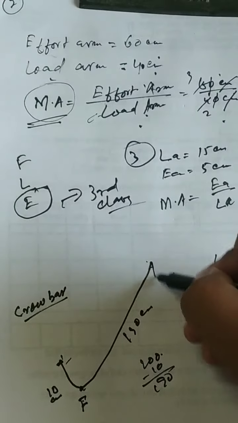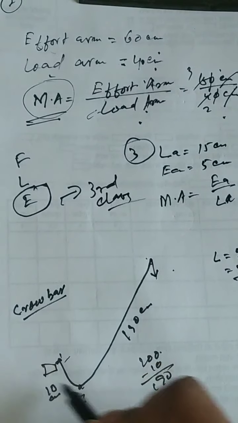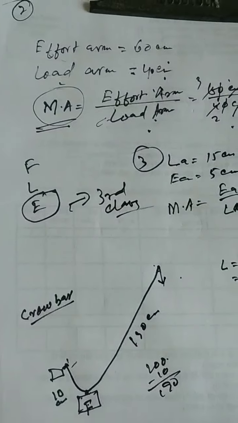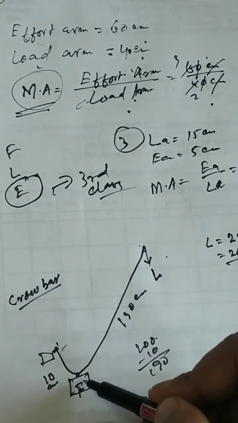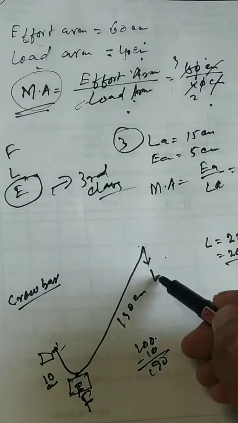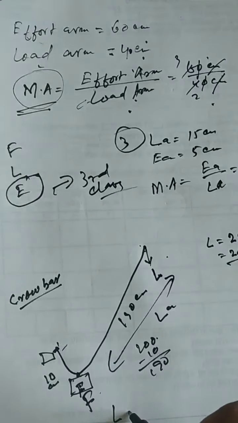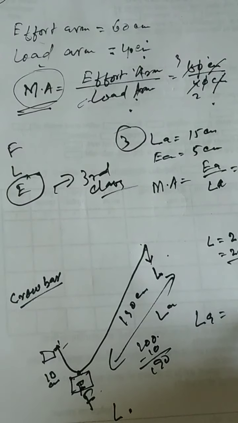We apply force here to lift some load. This is the fixed point, and this is the load. The distance between fulcrum and load is the load arm. So load arm is given, equal to 10 centimeter.